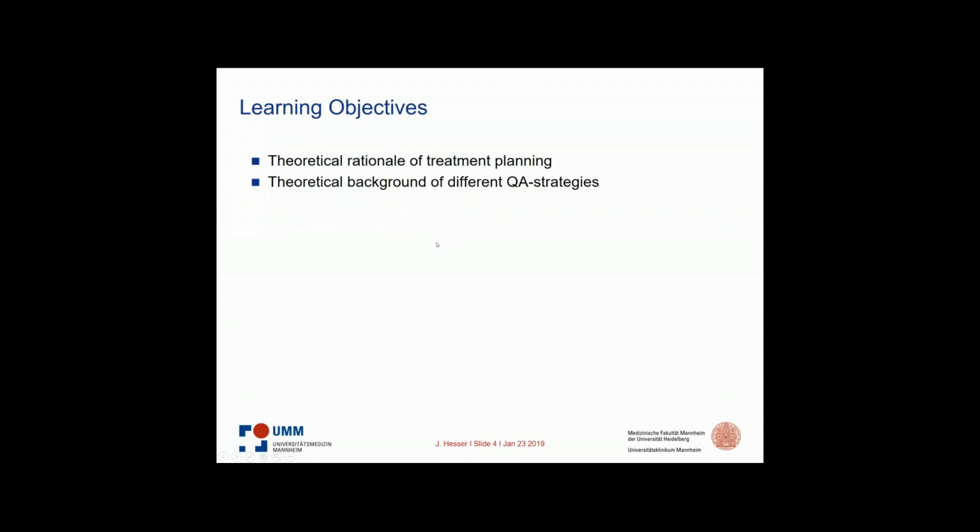So the objective for this first lecture is to give the theoretical background. So how is the treatment planning generally done, how is it actually realized, and what is the background on how to realize different quality assurance strategies.